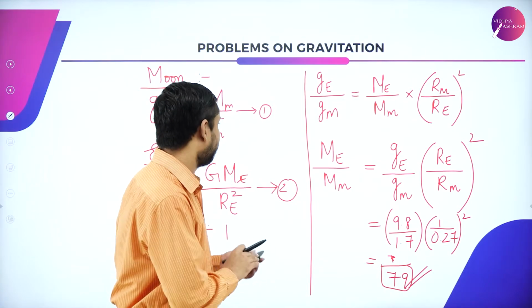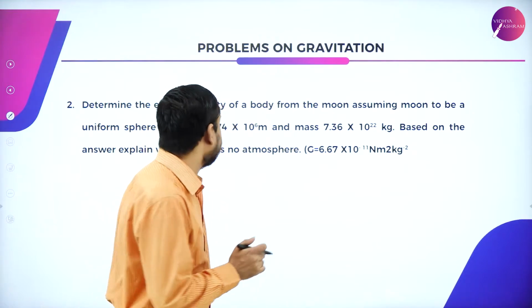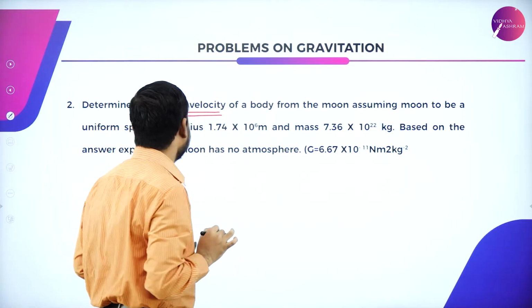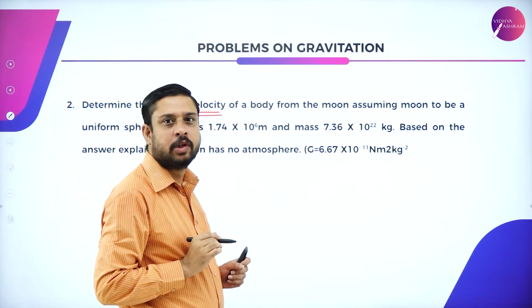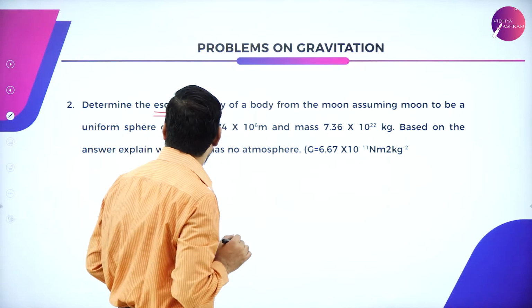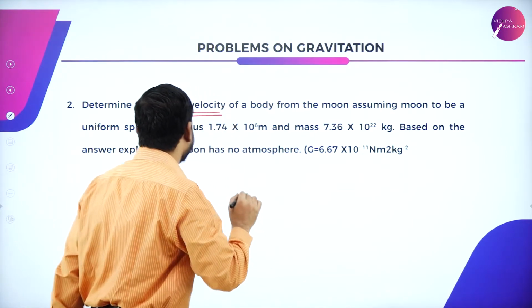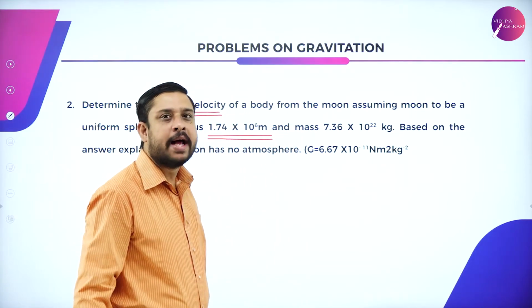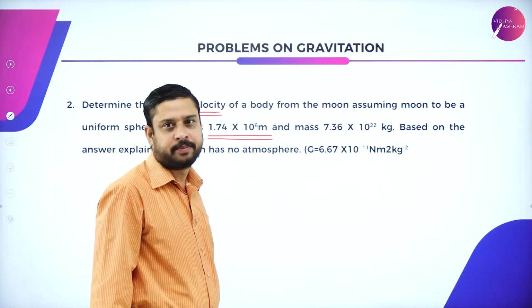The next problem. Here the problem is asking us to calculate the escape velocity of a body from the moon, assuming moon to be a uniform sphere of radius 1.74 into 10 power 6 meter.